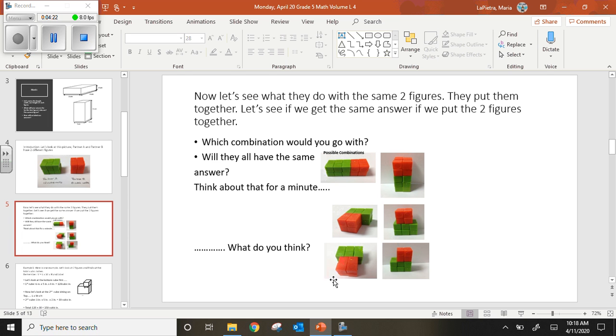And here's a couple other examples. So what they're doing is they're pretty much showing you that as long as you started with student A and student B and put them together, you didn't add any cubes or take away any cubes, you're working with the same amount of cubes, then that means that your answer would still be the same.